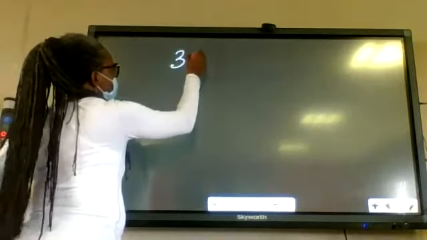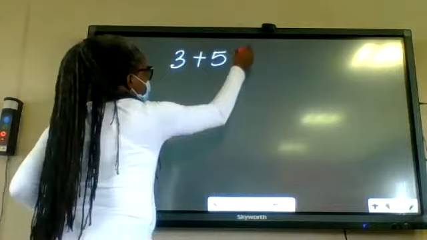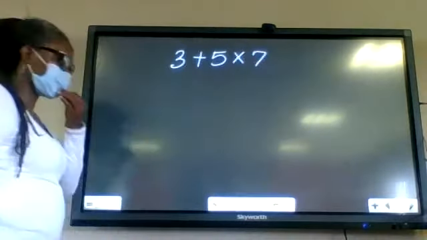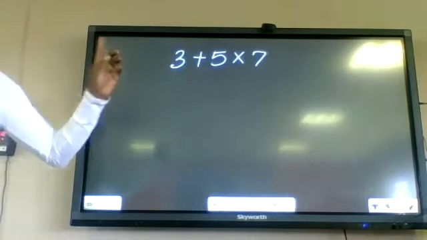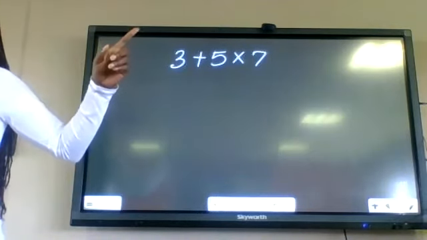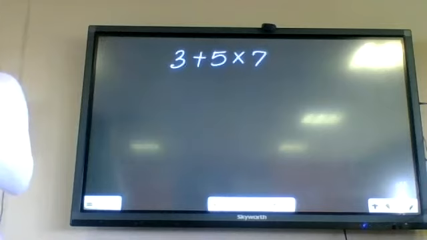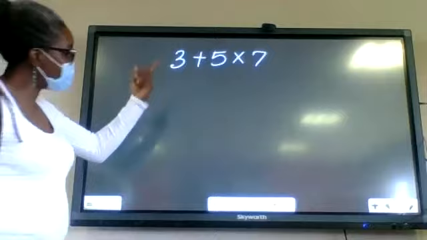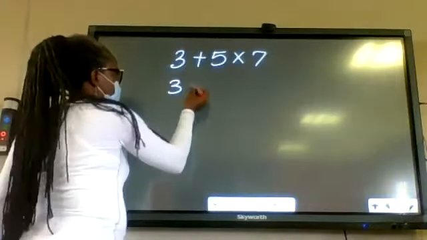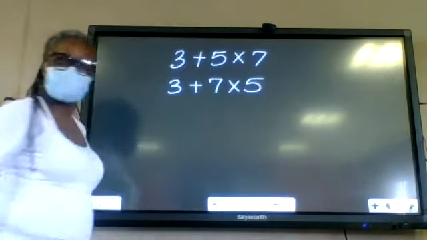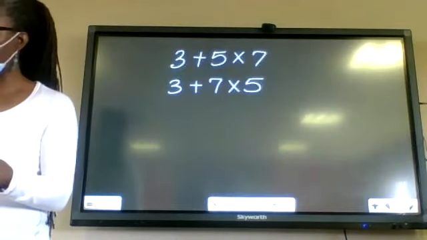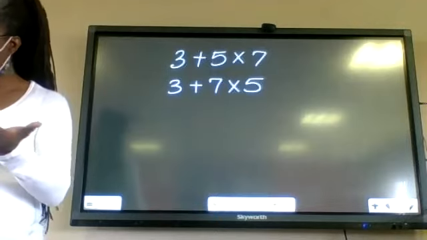And that's why when I write a sum like 3 plus 5 times 7, according to BODMAS, the 7 and the 5 must multiply first. So the two numbers that must multiply are 5 and 7. I can rewrite this sum according to commutative and say 3 plus 7 times 5. Of course, it's still true because the two numbers that are multiplying are still 5 and 7.